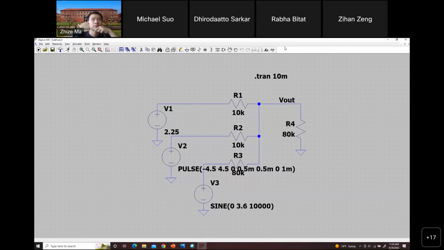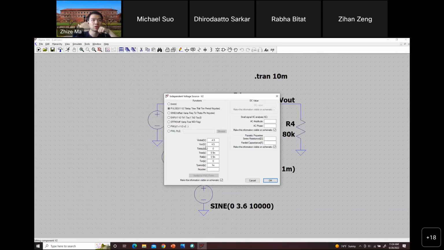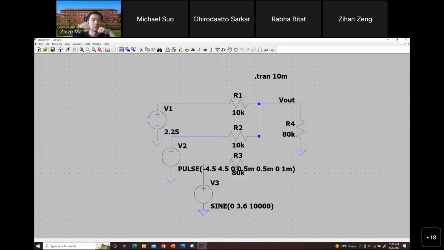One thing that might be tricky is that wave 2 should be a triangle wave. There is no triangle wave in LTSpice, so you need to use the pulse function to generate a triangle wave, where you set Ton to be 0. That's how you set the triangle wave.